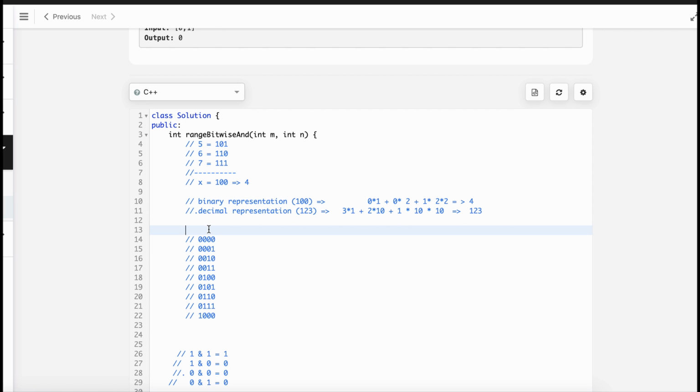So the total block size of continuous ones in first position. Let's divide it by position.